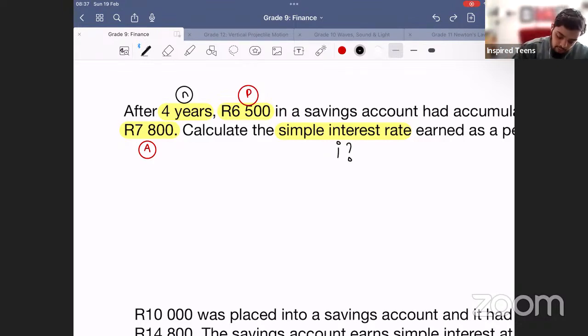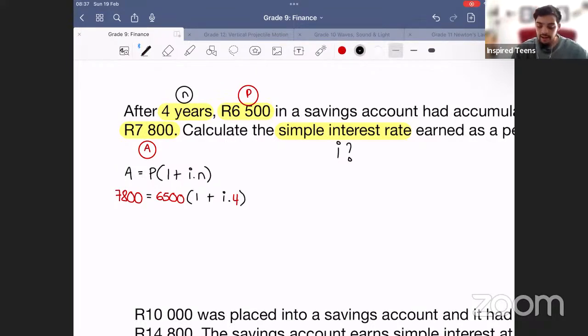So what is my formula? My formula is A equals P times (1 plus I times N). Now I need to fill in all the information that I have. 7,800 is my after interest, is equal to 6,500, my prior to interest or previous amount, times (1 plus I), where I is my unknown, times N. I know N is 4 years.